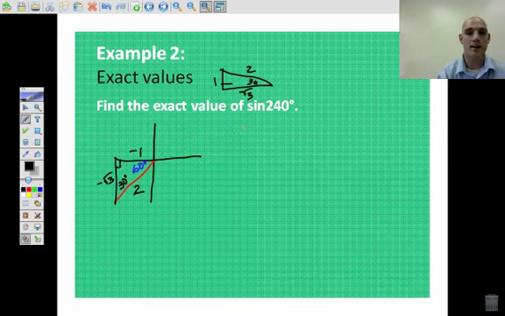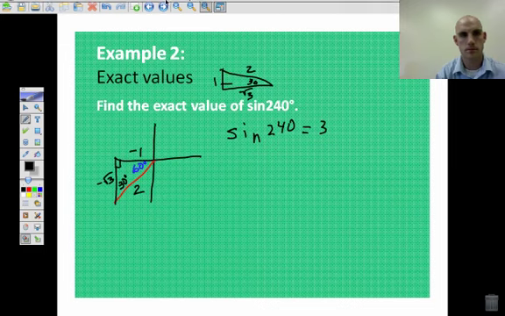So now when I find sine of 240, the sine of 240 is going to be equal to the sine of theta hat, which is 60 degrees.